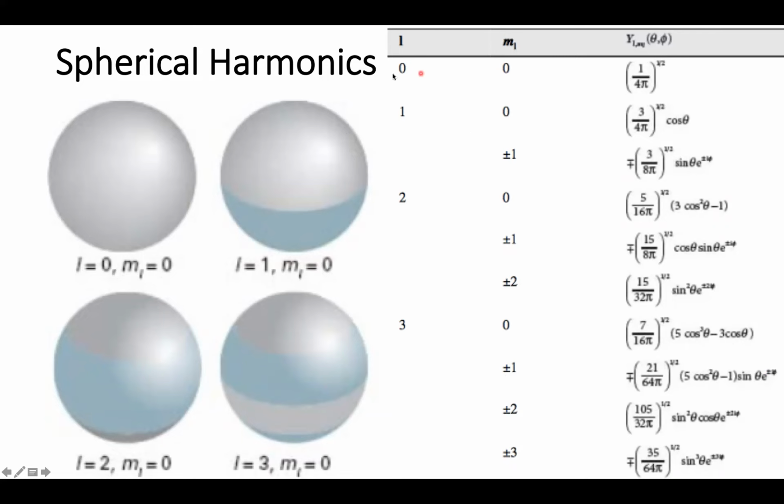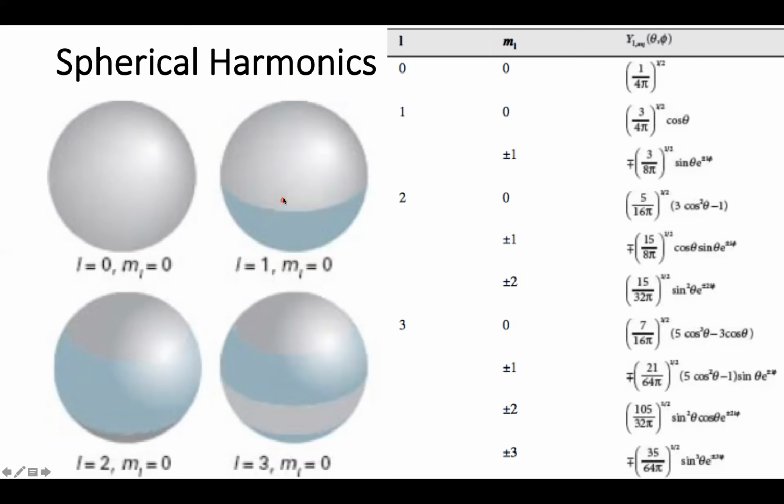So L is going to tell us a lot about the energy of the system, and as a consequence, just like with a particle in a box, L also tells us a lot of information about the total number of nodes present in the system. M sub L is going to tell us the same thing it did with the two-dimensional system. Most notably, it's going to tell us a lot about the angular momentum in the z direction. So it's going to tell us how much of the angular momentum is pointing straight up.